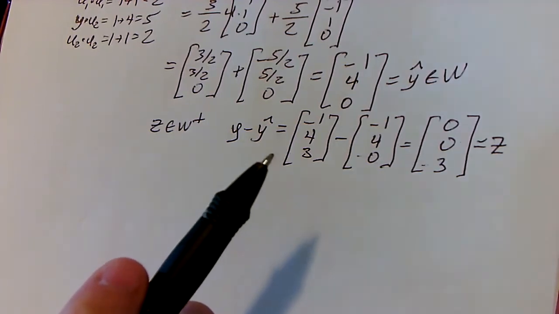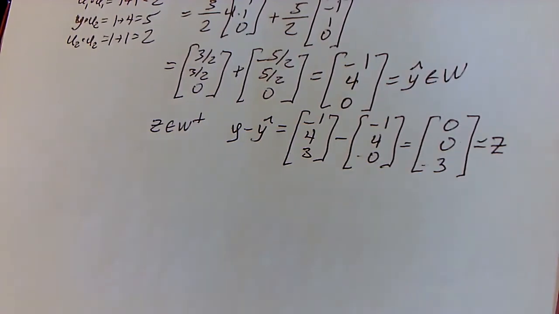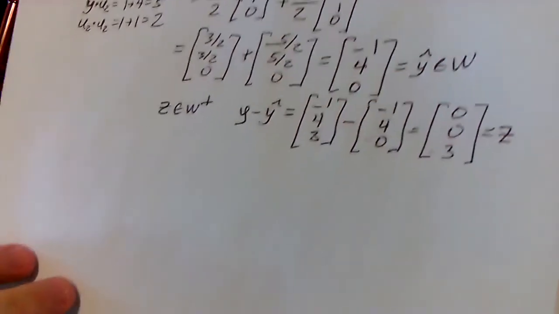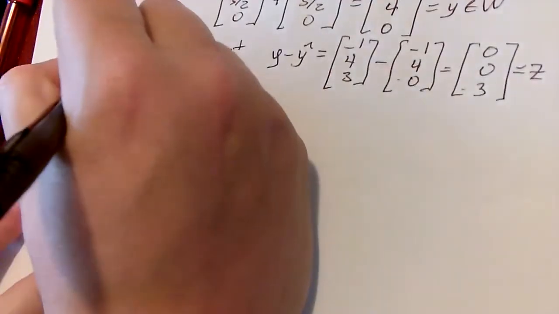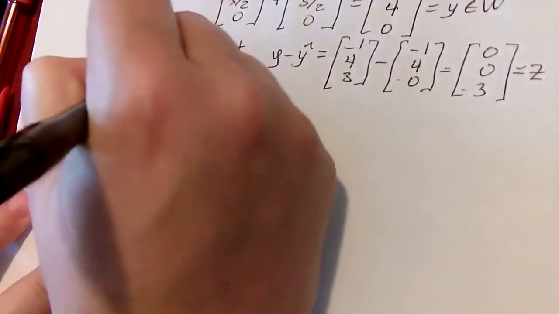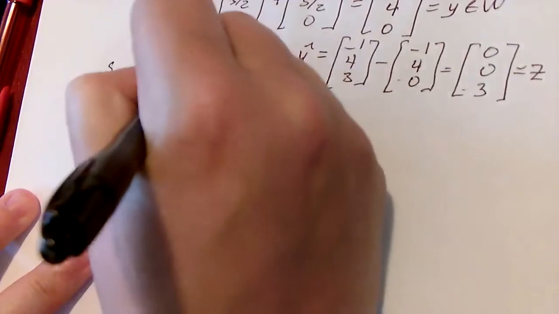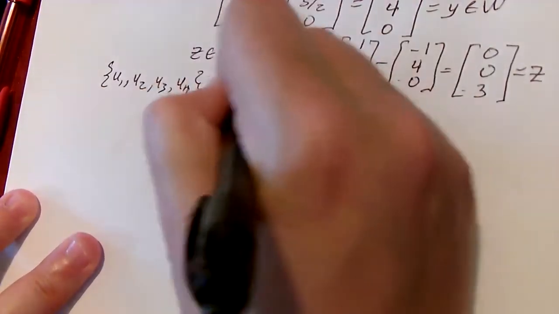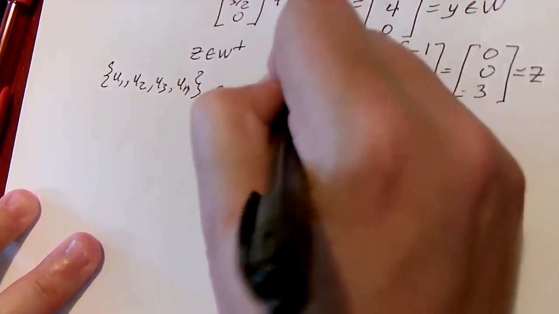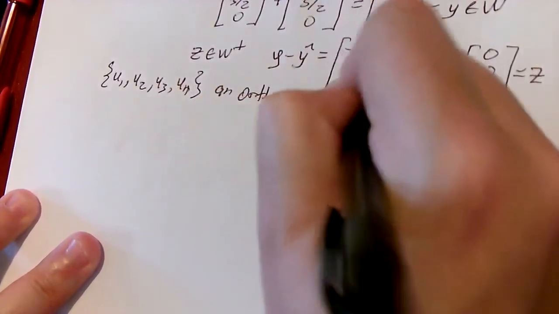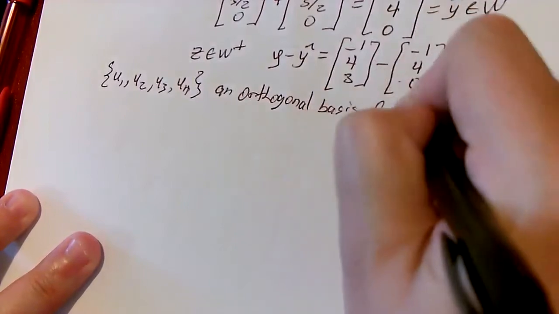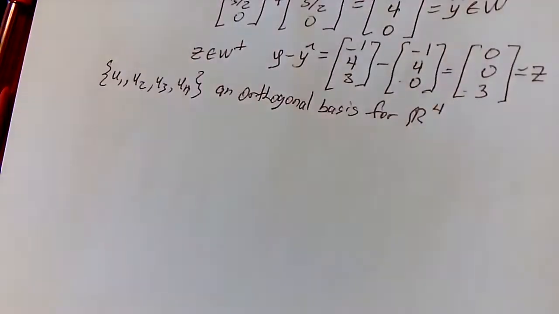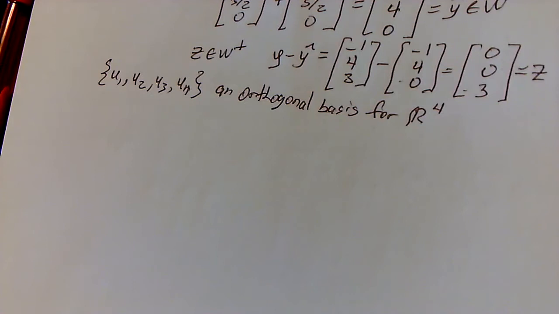Okay. All right, so another way we could word this type of question is, I'm going to have U1, U2, U3, and U4 an orthogonal basis for R4.